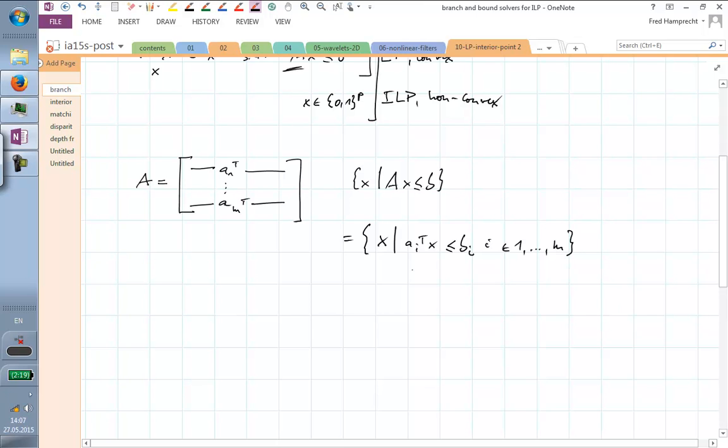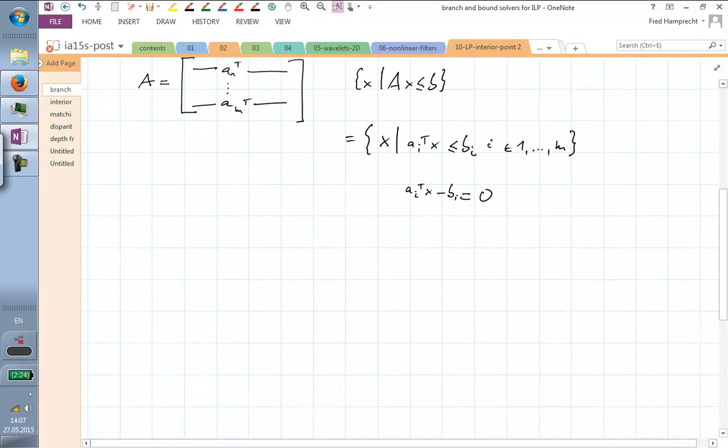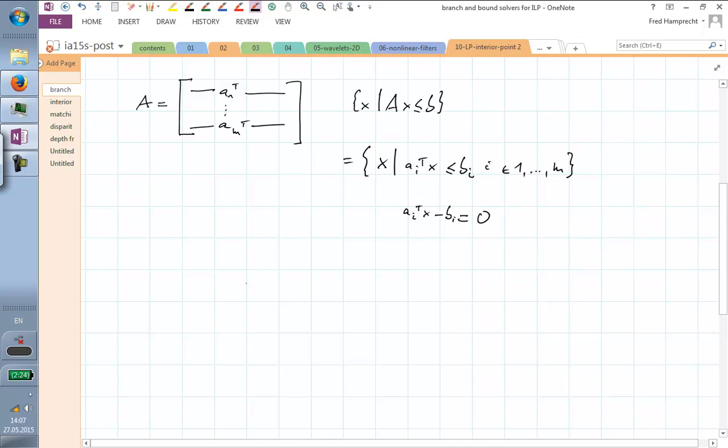Okay, now what we have written here is an equation for a half space. I can say that Ai transpose x minus bi is less than or equal to 0. If I did write that this should be 0, this would be the Euler form of a plane. So I'm taking a two-dimensional example here for illustration.